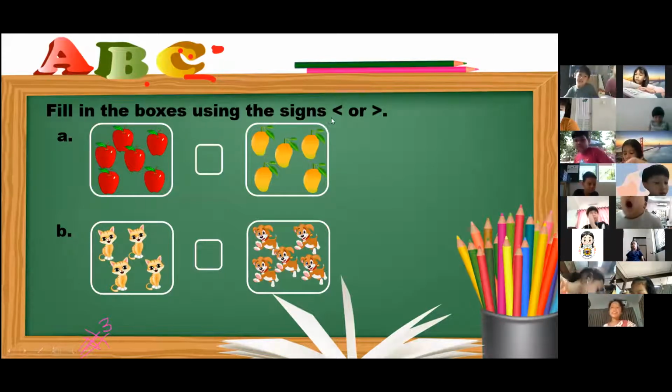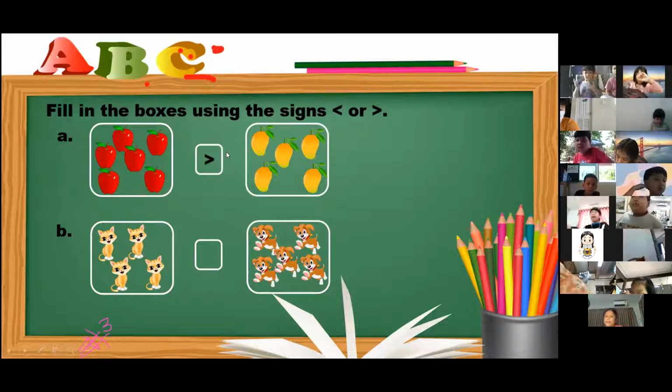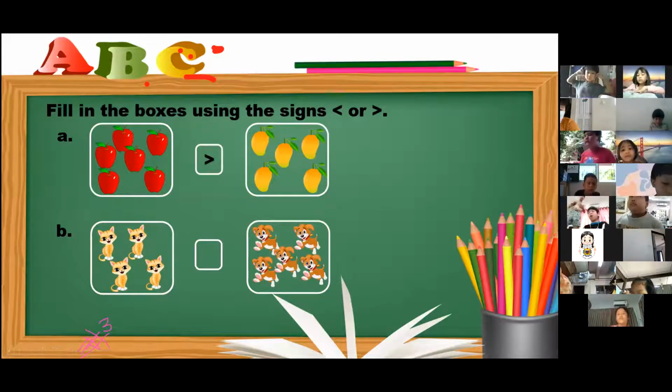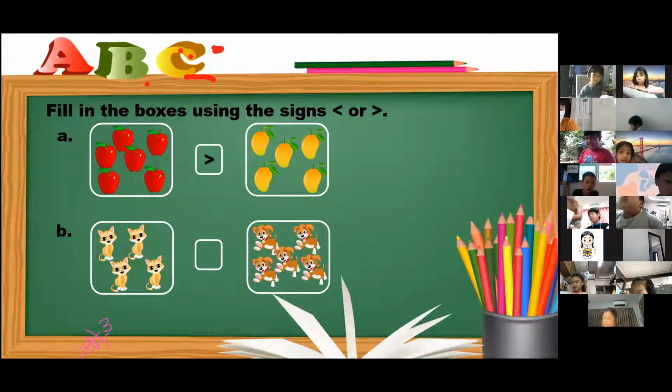So what sign are we going to use here? 6 is greater than 5. So we can say that the number of apples is more than the number of mangoes.